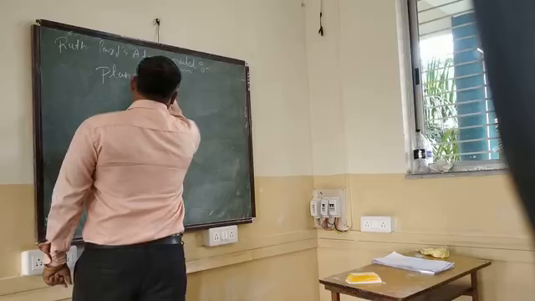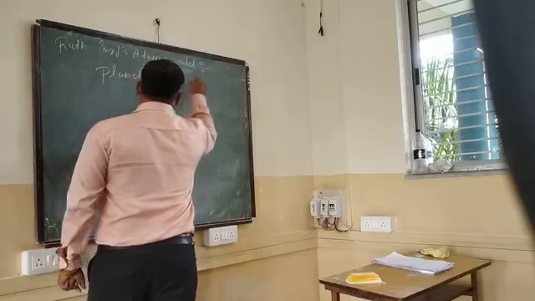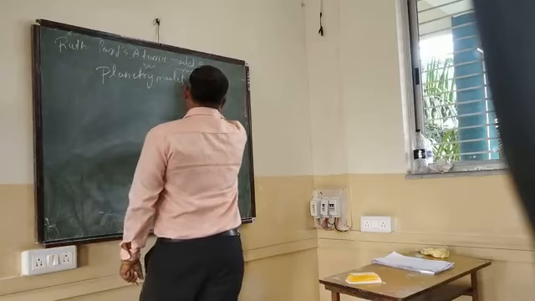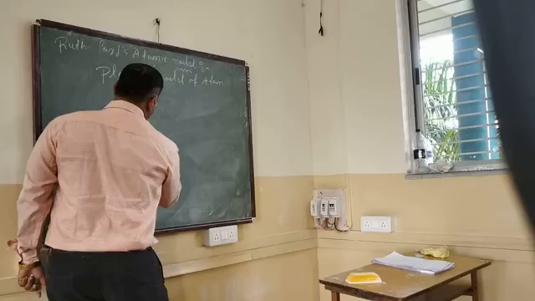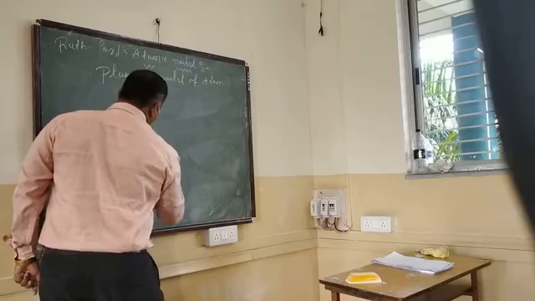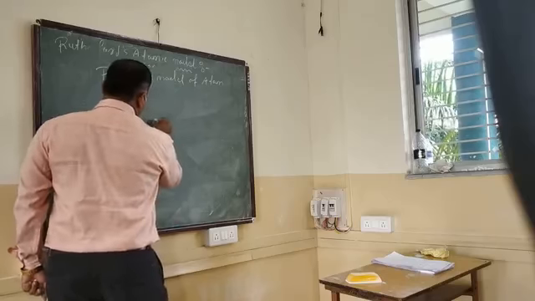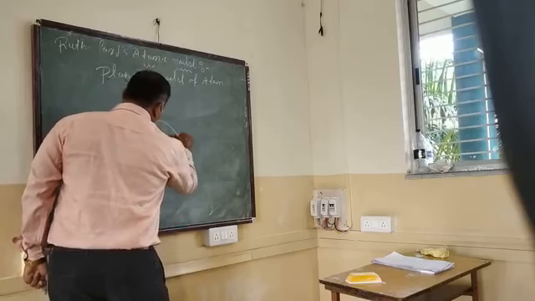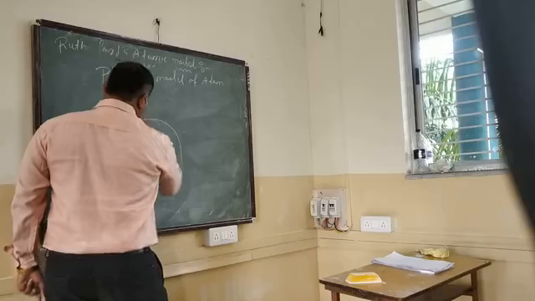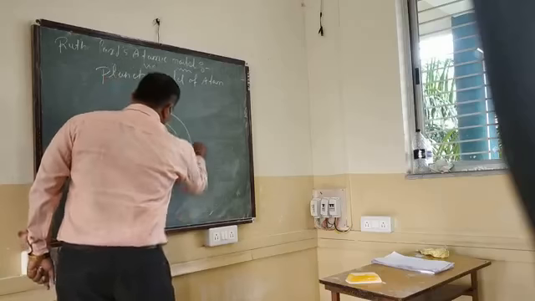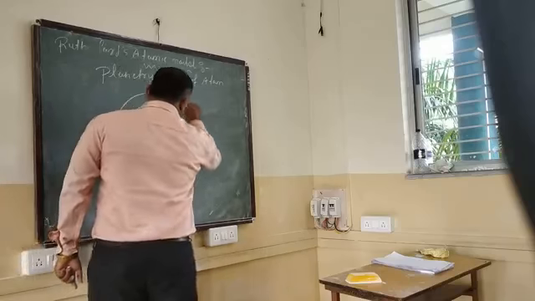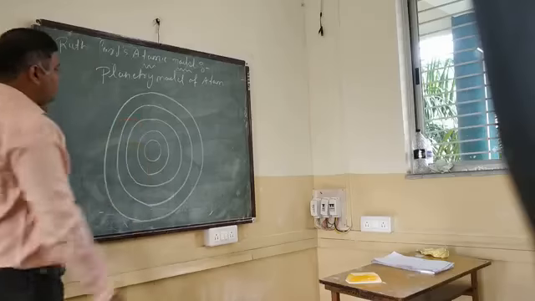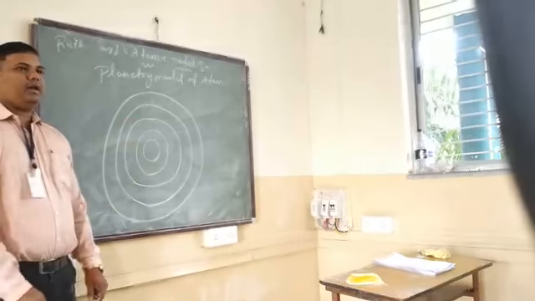Planetary model of atom, and this is the most famous model. जिसमें उसने क्या बोला कि it is not necessary that the electron will be in only one orbit. Right? So this is called the planetary model of the atom.